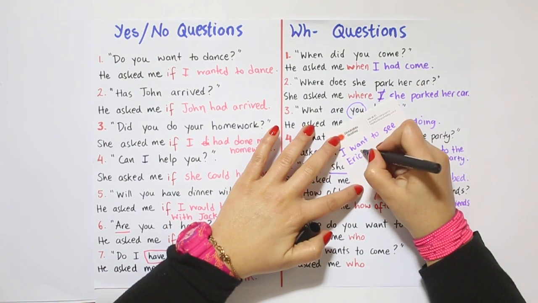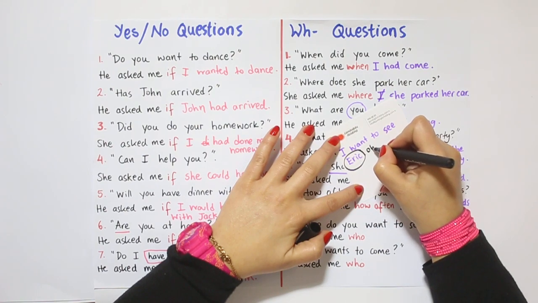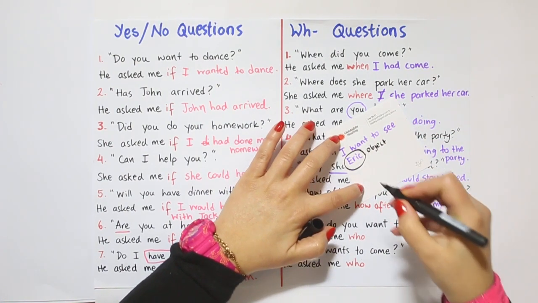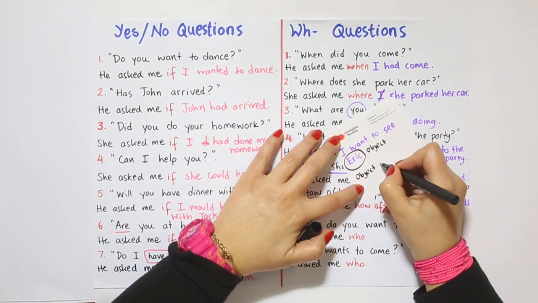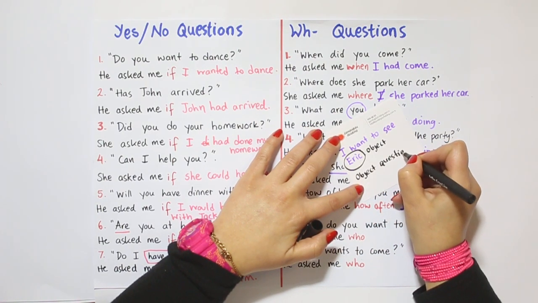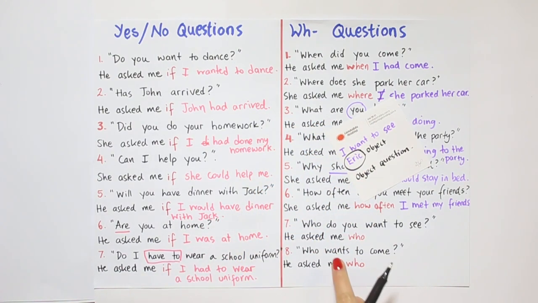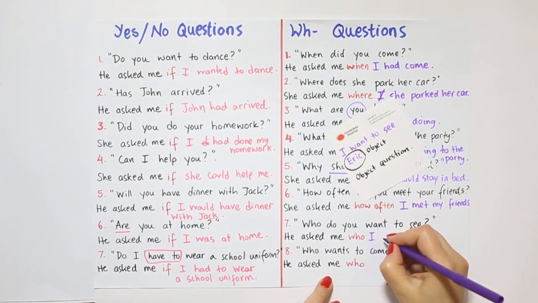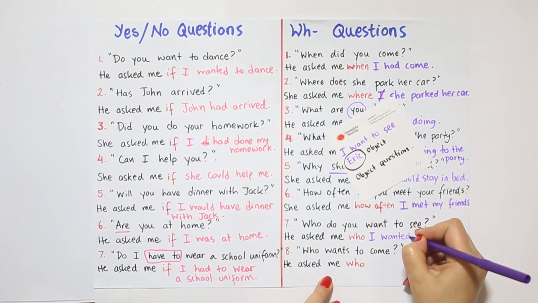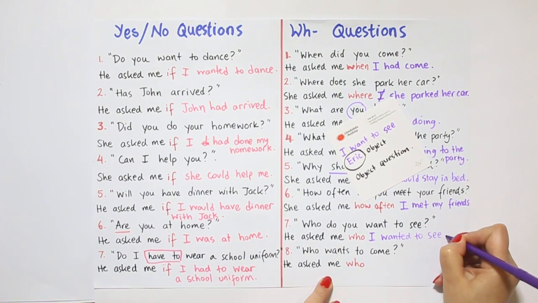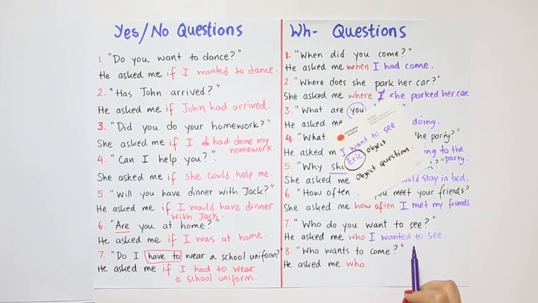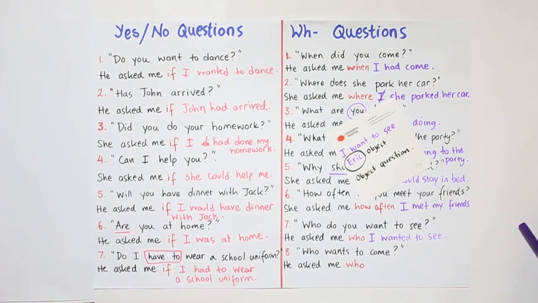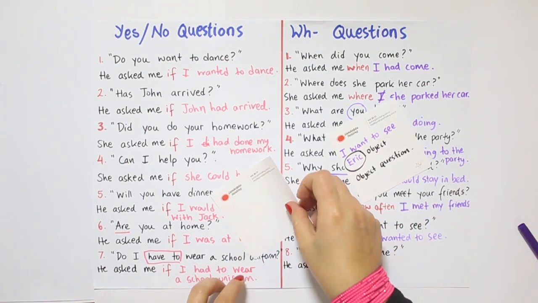Eric is the object of the sentence, so that's an object question. All right? Who do you want to see? He asked me who I wanted to see. All right? I wanted to see Eric.